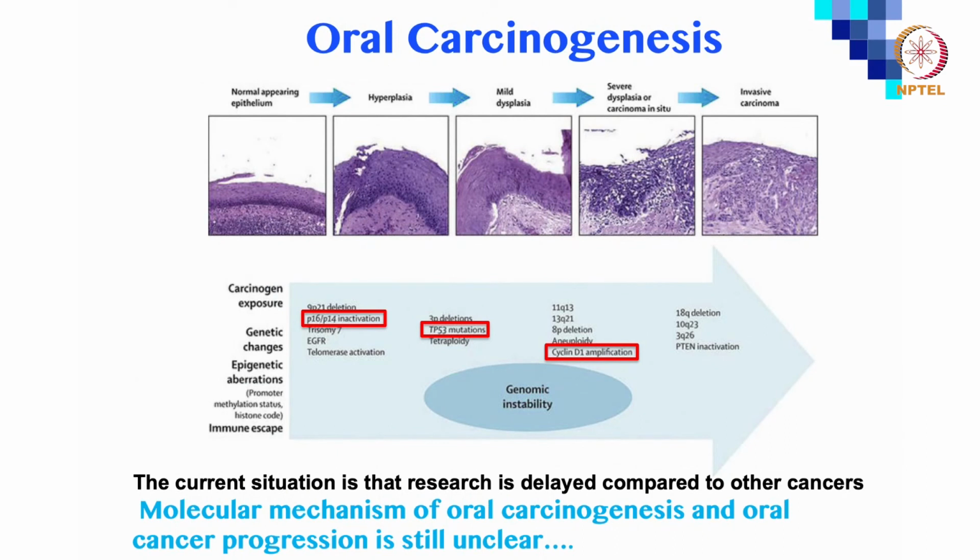Multi-stage carcinogenesis can be divided conceptually into 4 steps: tumor initiation, tumor promotion, malignant conversion, and tumor progression.